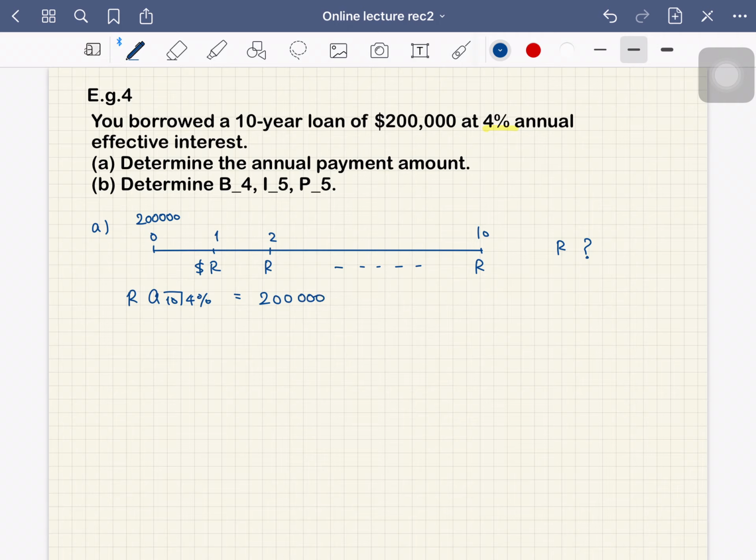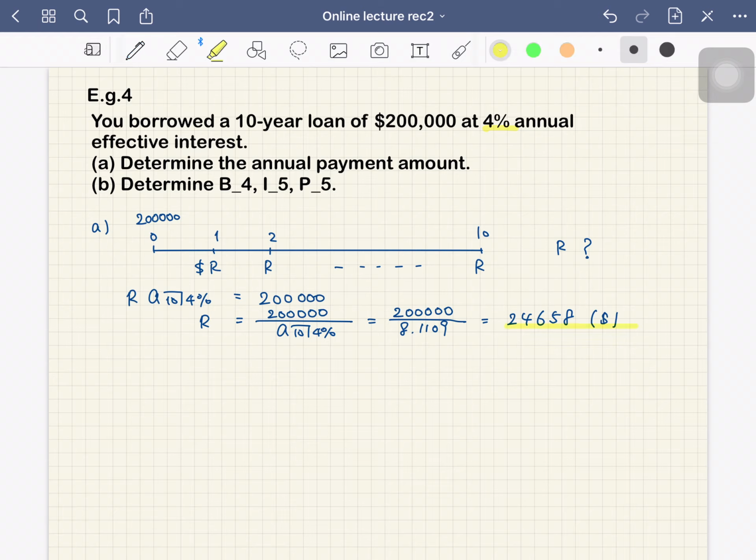So that means R is equal to 200,000 divided by a angle 10 at 4%, which is 200,000 divided by 8.1109, which is $24,658.